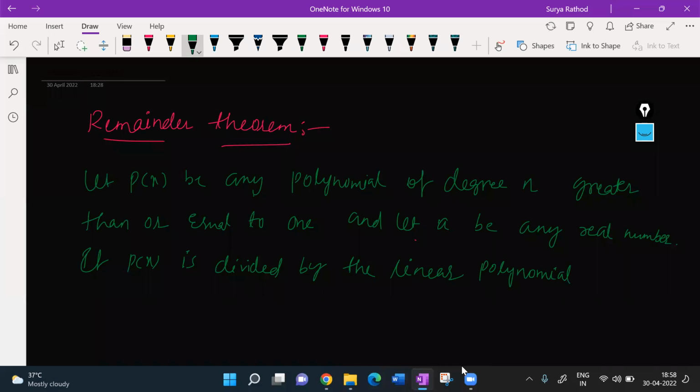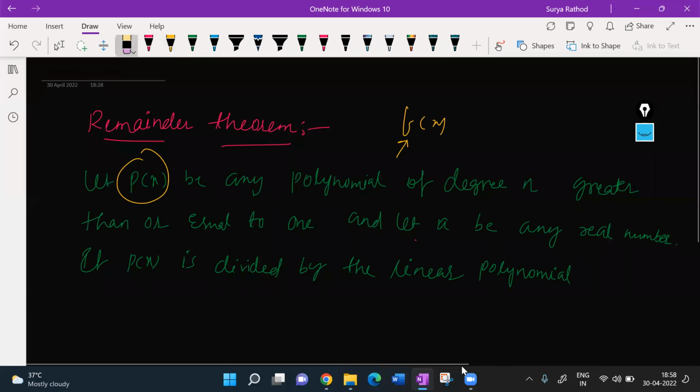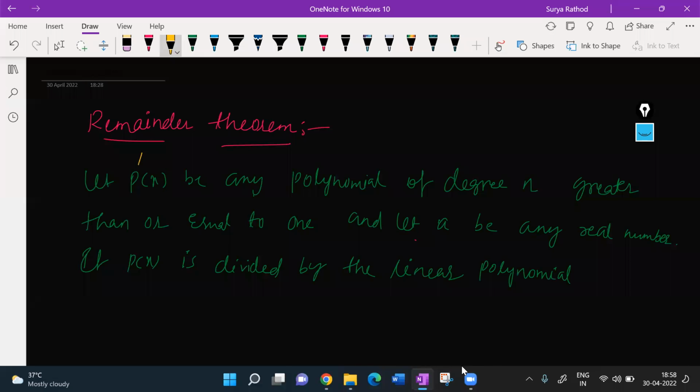So what is P here? P of x is nothing but a polynomial in a variable x. P is like f of x, where f is a function in terms of x. Here P is a polynomial in a variable x, like x square plus x plus 1.